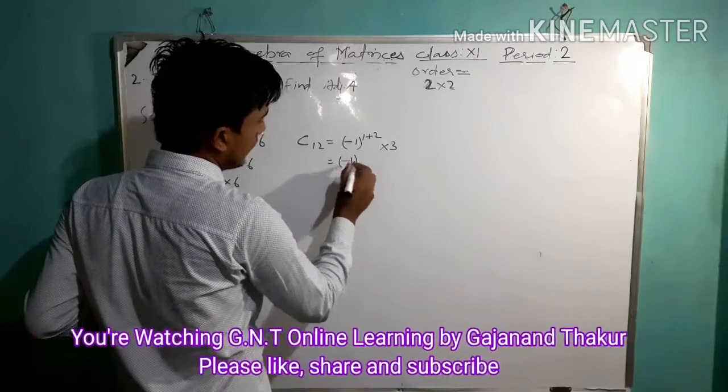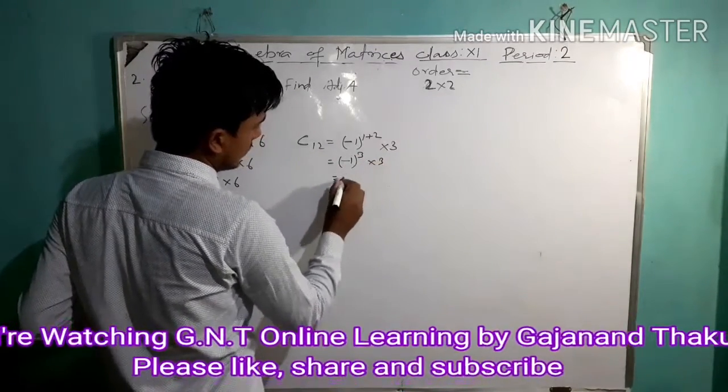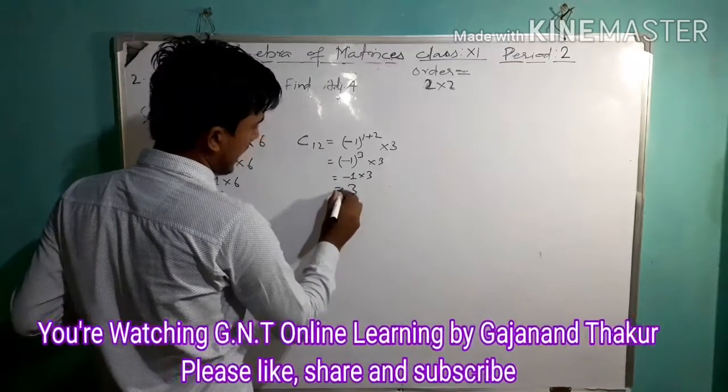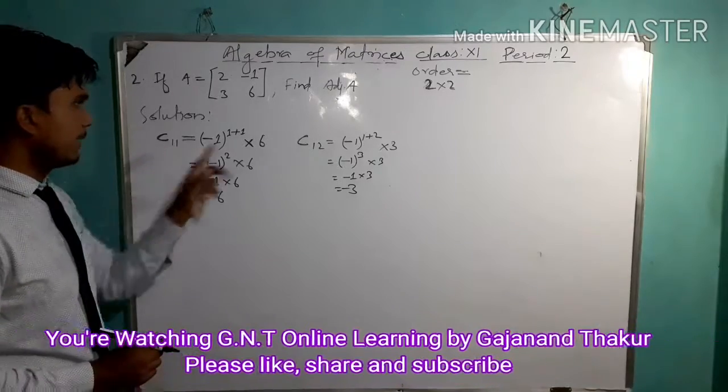Minus 1 to the power 3 is minus 1, into 3, so this will be minus 3. So we got the cofactors of 11 and 12.